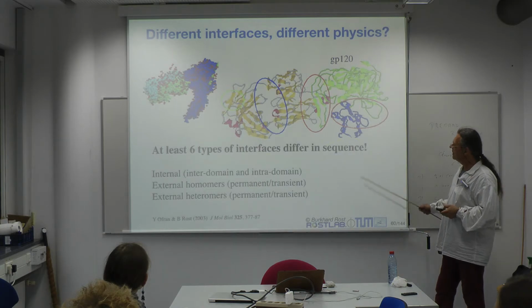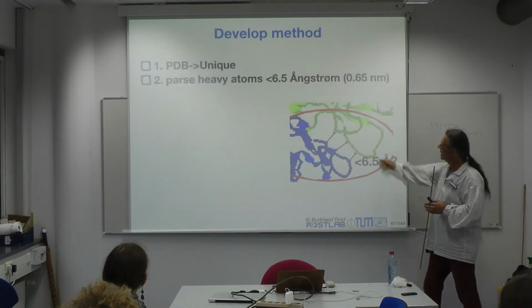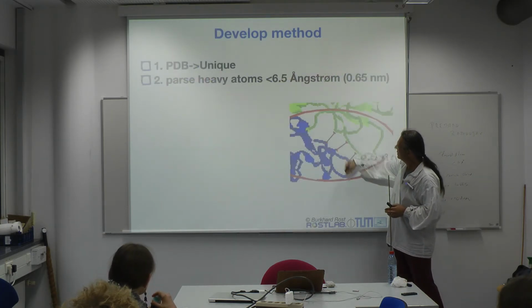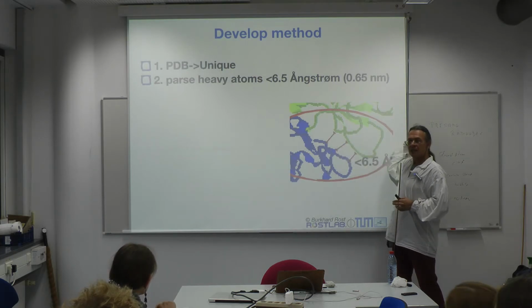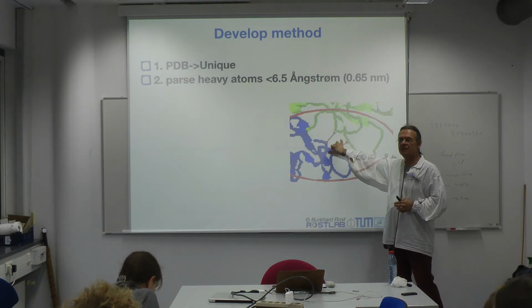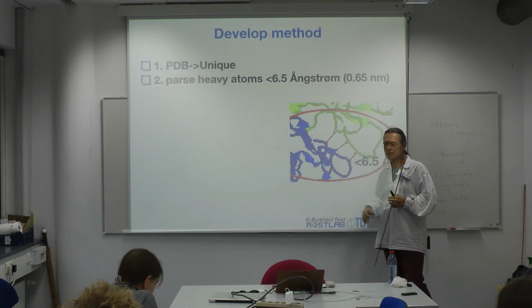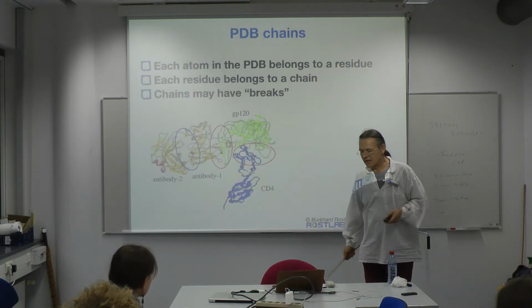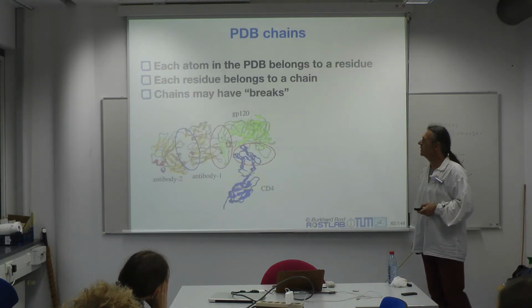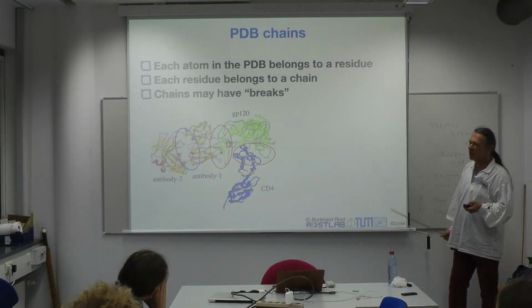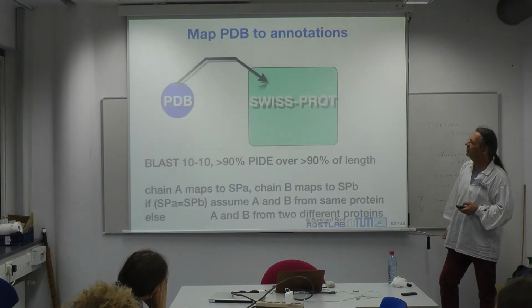Typically the way we would do that is, that's the GP120, that's the CD4, so we would measure a distance between the closest points between these two, and then apply some threshold, whether or not that is closer than some threshold. I'll get back to that in a moment.